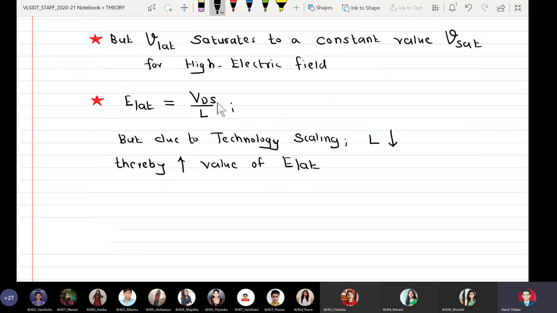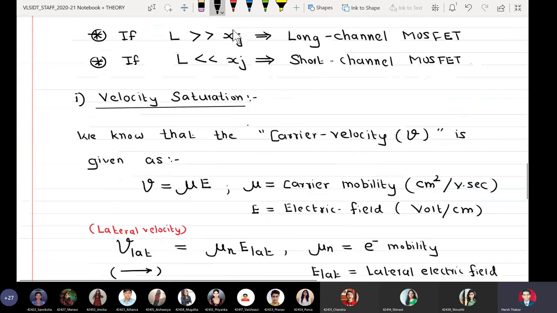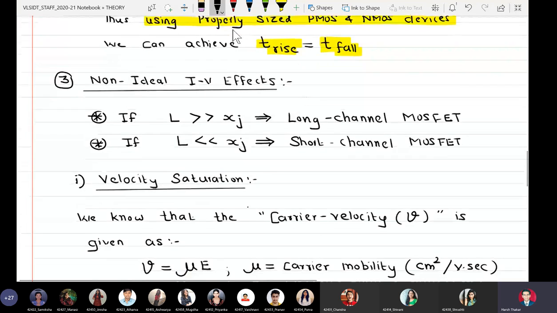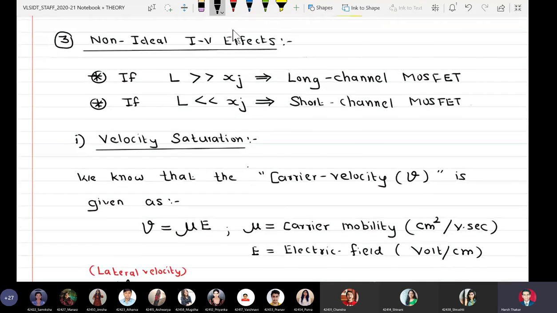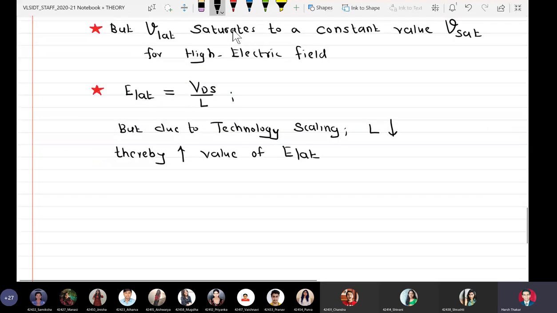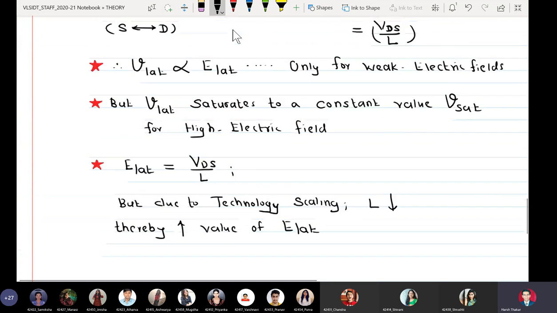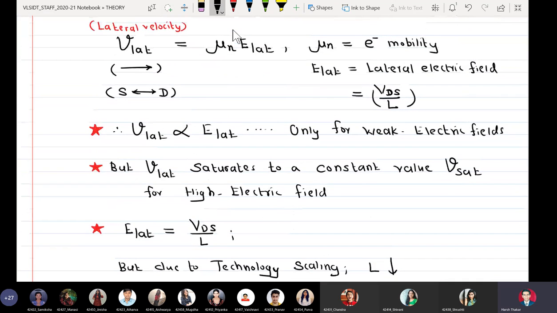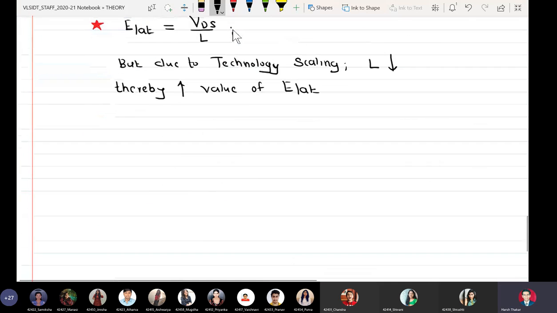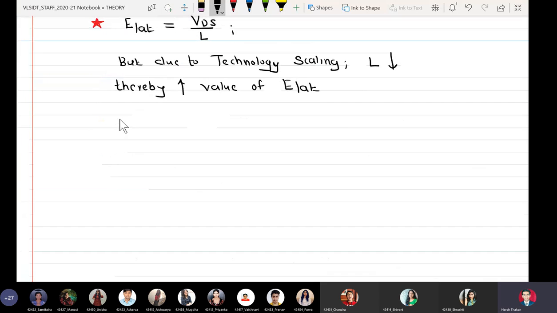That is why we say that velocity saturation is a short channel effect, because short channel means smaller values of L, and because L reduces, as technology scaling has to be achieved. Automatically the lateral electric field goes on increasing, and then the lateral velocity of electron no longer remains proportional to E lat.